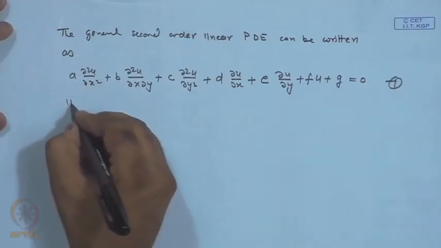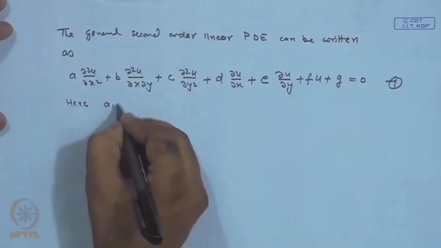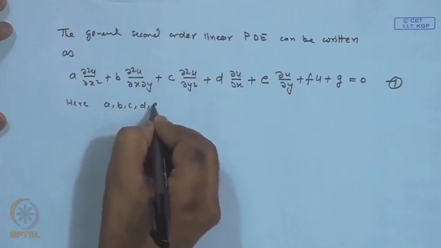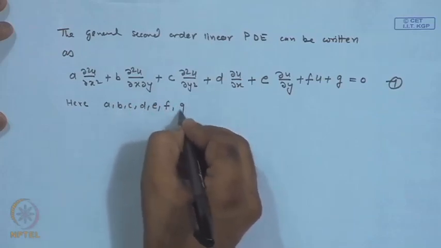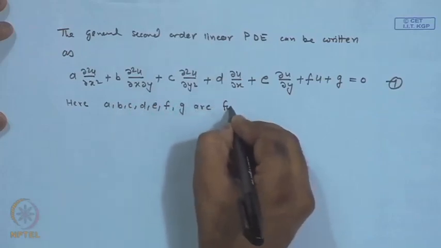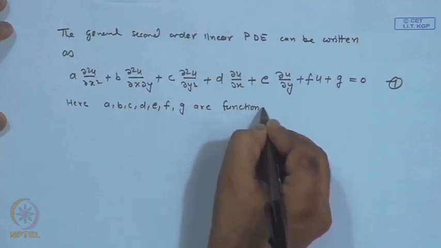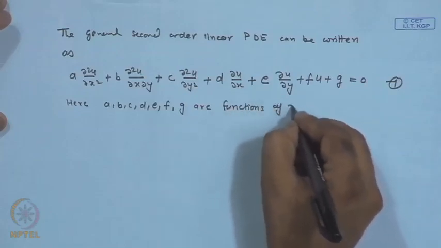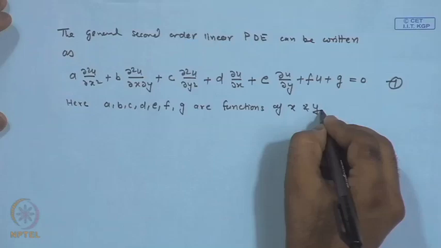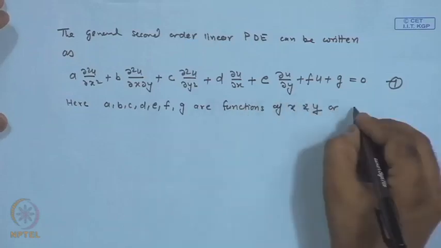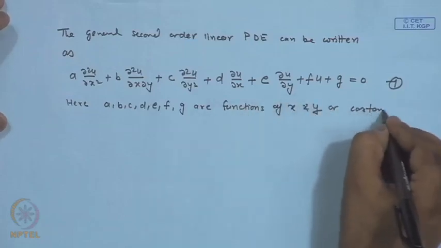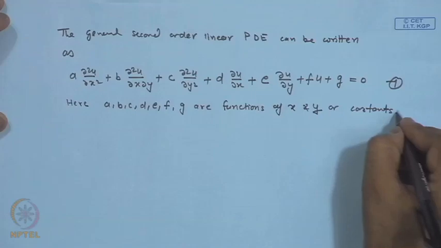Here a, b, c, d, e, f and g are functions of x and y, or they are simply constants.